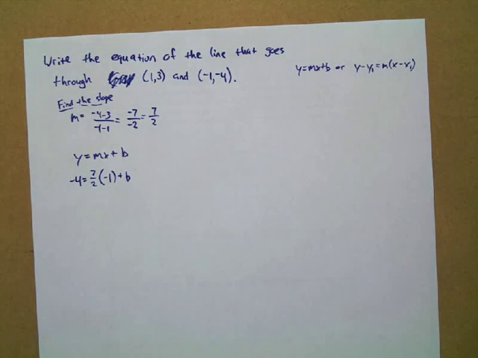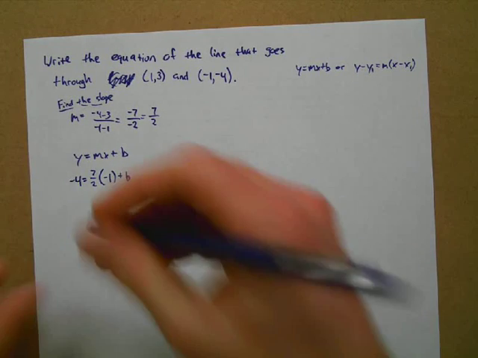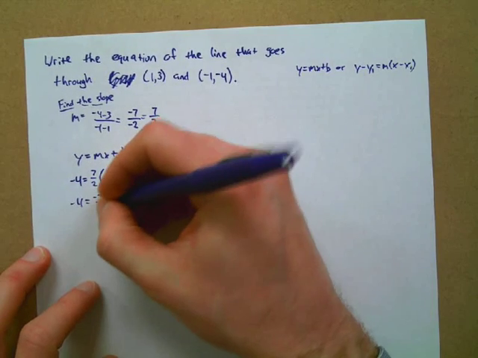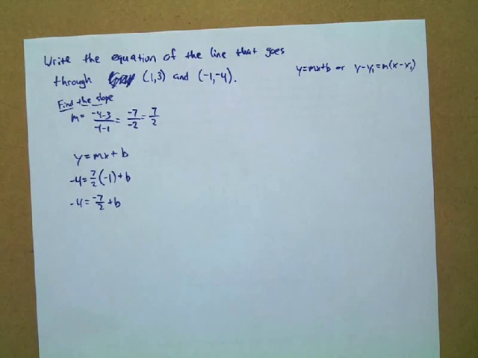And then -4 plus 7/2, -4 is the same thing as -8/2. So -8/2 plus 7/2 is -1/2. That's our b. Whew. And so finally we can write y equals 7/2 x, and then -1/2, or plus -1/2, there for the b.